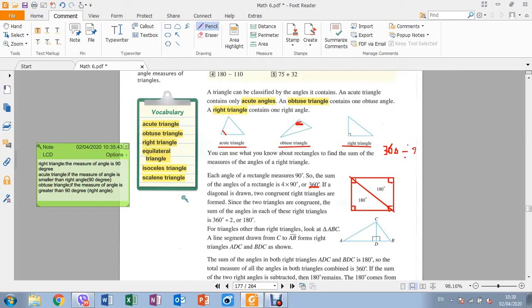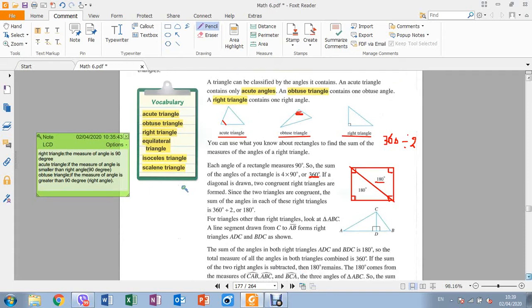Why by 2? Because the measure of this rectangle is 360, but when we draw a diagonal line that divides it into 2 equal parts, 2 triangles, it means we divide by 2. Each one gets how many? 180. So we know the measure of the angles in a triangle is 180.